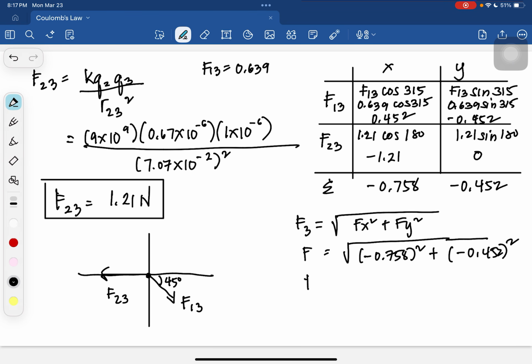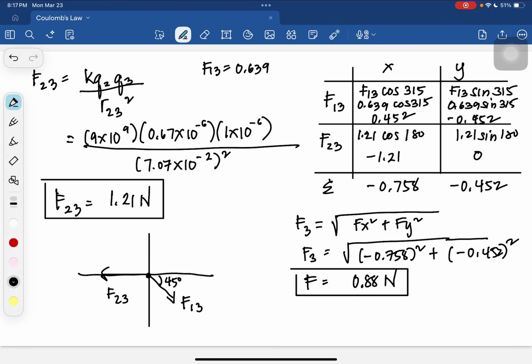So F now is equal to, let's just solve that, 0.758 squared plus 0.452 squared, and then we get the square root of that, we're getting 0.88 newtons. So that is F3, but that's only the magnitude.